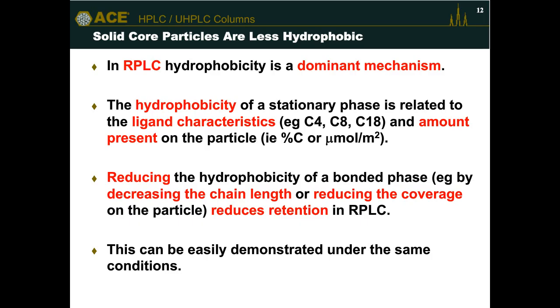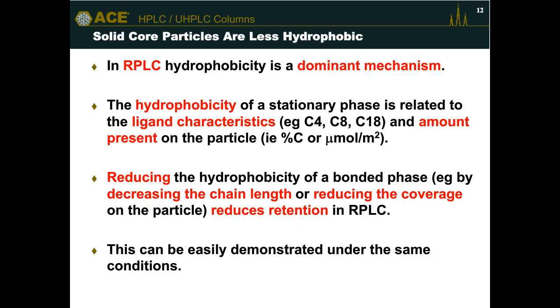So instead of using a C18 as our starting point, we've gone for a C8, for example. So we have a less hydrophobic stationary phase, and that has given us a faster run. If we need more separation, then we could look at C18 chemistry instead. Or if that's still too long a runtime, we could go to a C4.